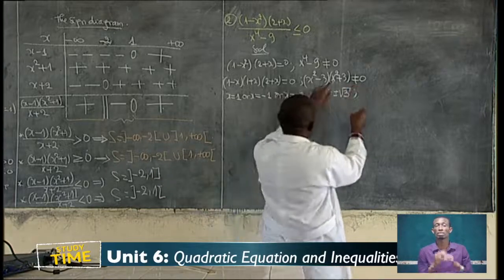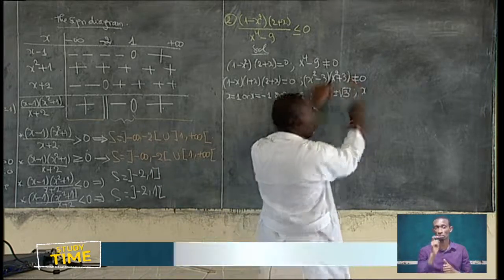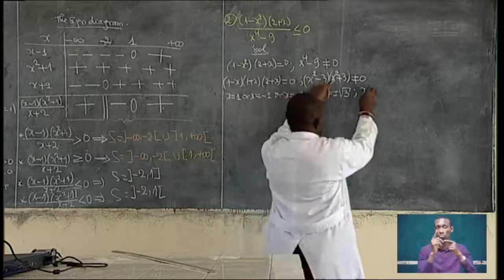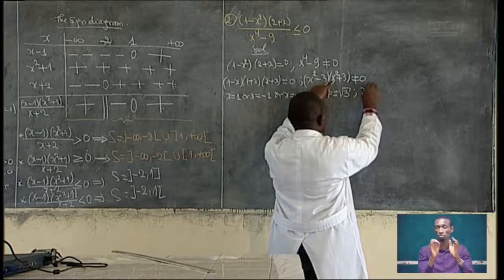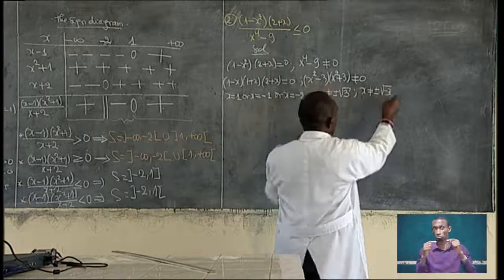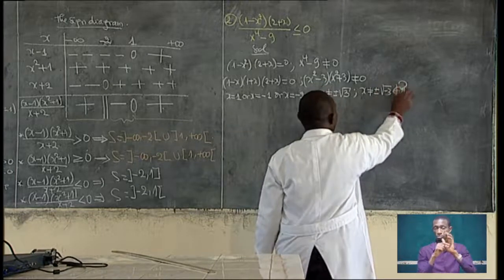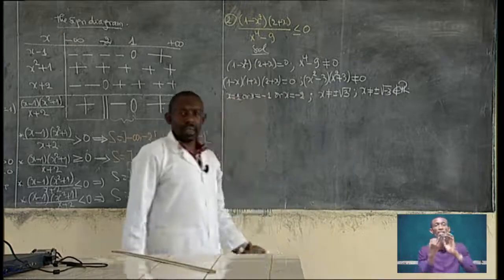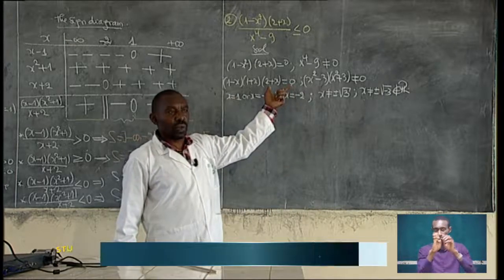When you solve x squared plus 3 equals 0, you'll be having the square root of a negative number, which is not a real number. Then we have my critical values.